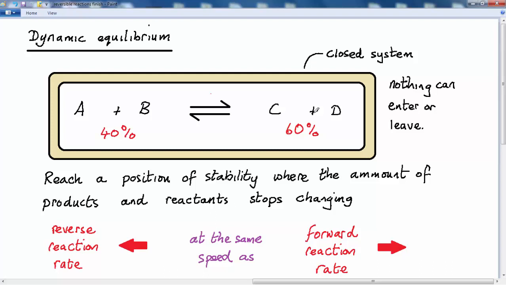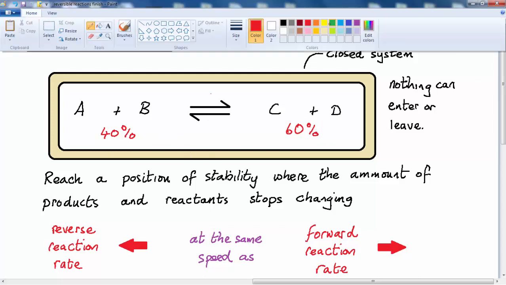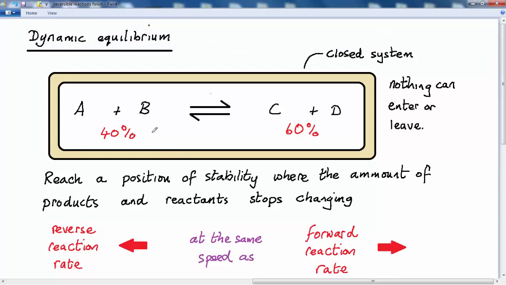So there are ways in which you can affect the conditions and the environment of the reaction to increase the percentage yield of C and D. By altering the conditions, and we'll look at those conditions in the next lesson, we may be able to increase the yield of C and D to 70%. So we'd have 70% C and D and 30% of A and B. So we'll look at that next lesson when we look at Le Chatelier's principle.